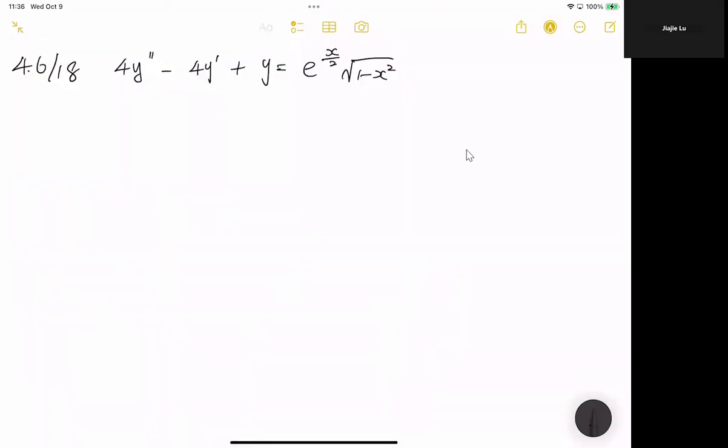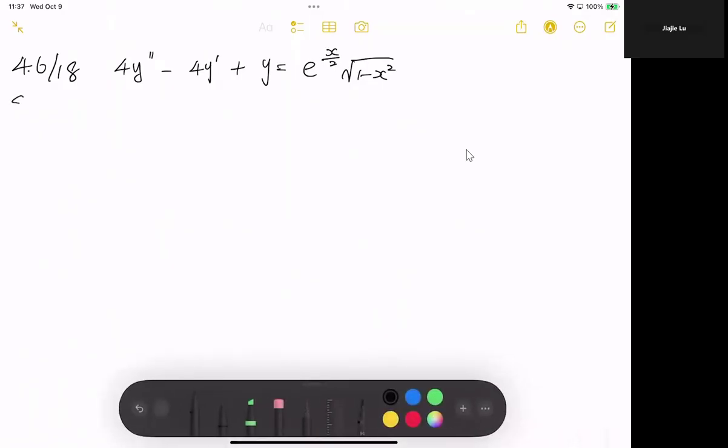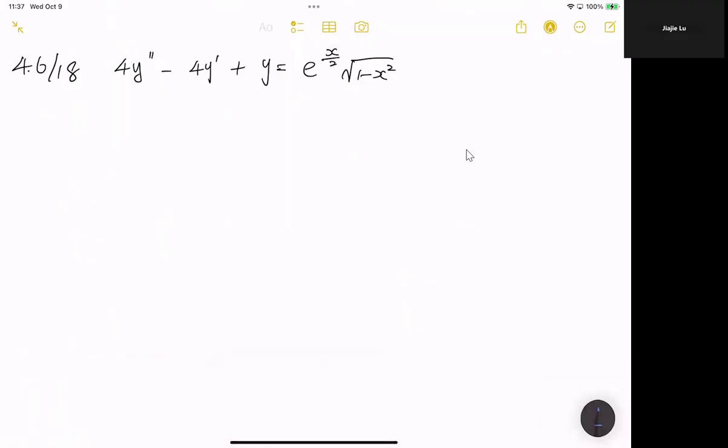Now for section 4.6, number 18, we again need to solve the non-homogeneous one. So step one, still the same thing, solving the associated homogeneous one. The associated homogeneous one here is 4y double prime minus 4y prime plus y equals 0.